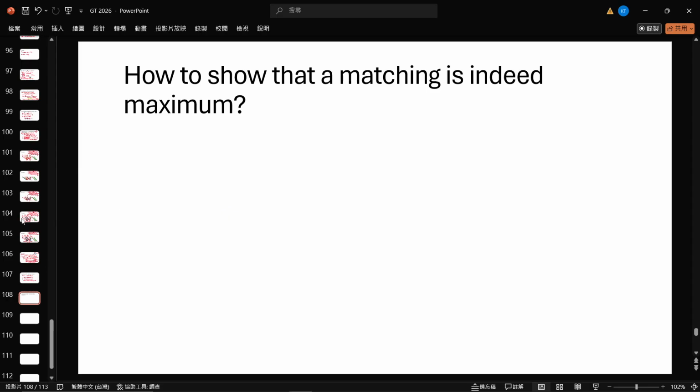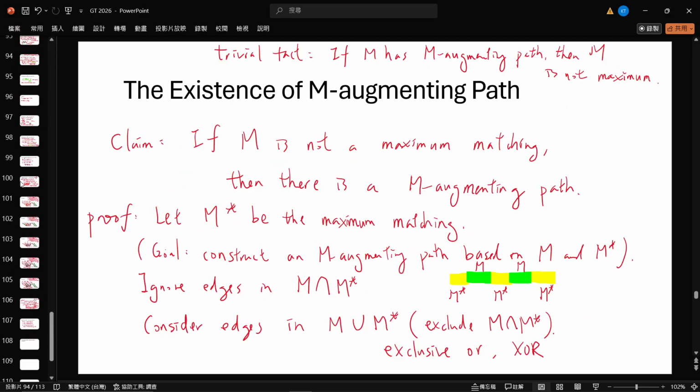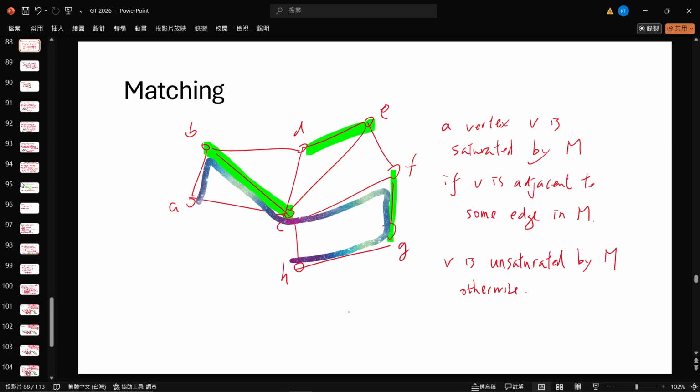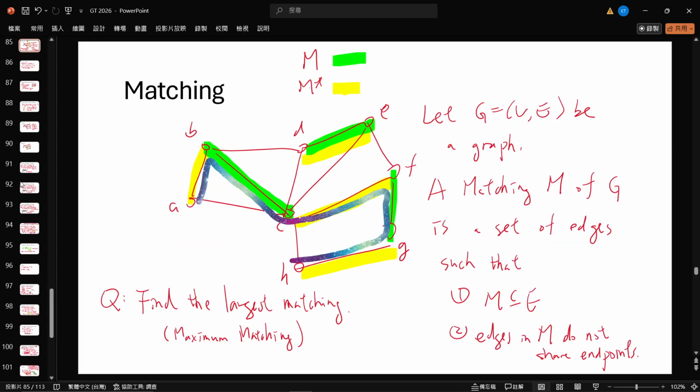So for example, if you consider this yellow matching, there's a very simple, very straightforward way of convincing others that this yellow matching is indeed the maximum matching, because we have 8 vertices, okay?